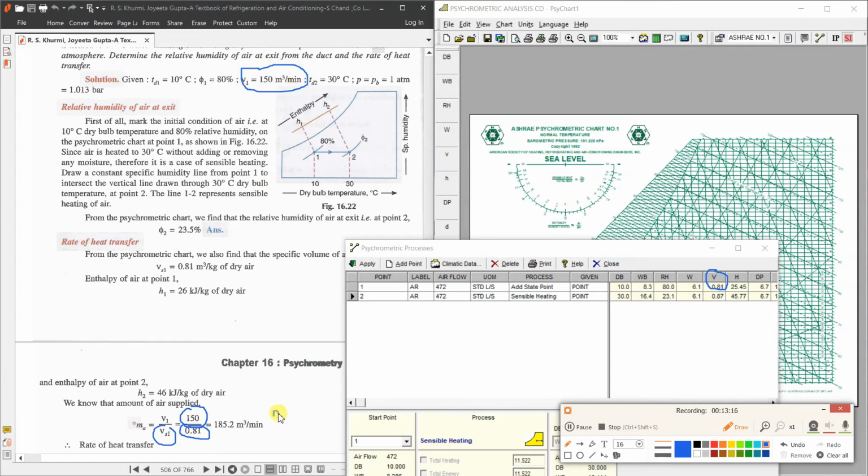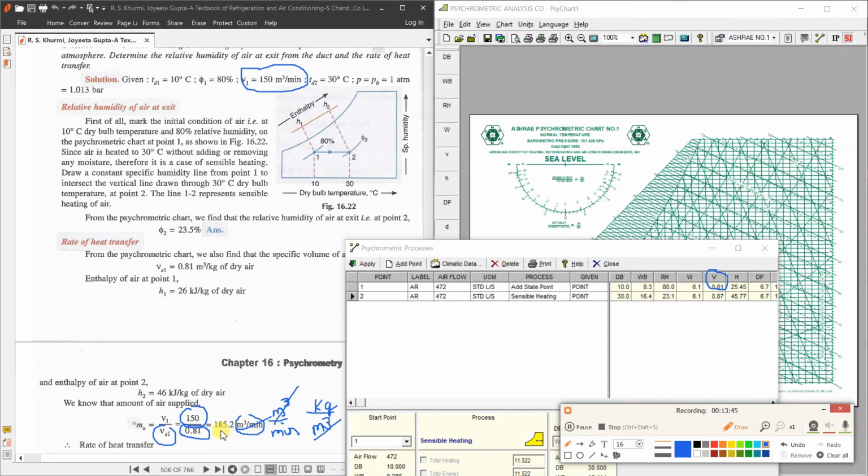So in numerator we have unit of meter cube per minute, and in denominator we have specific volume, which is meter cube per kg. So this meter cube will get cancelled, and finally we will get unit of mass flow rate of air as kg per minute. So here there is a mistake in textbook related to unit.